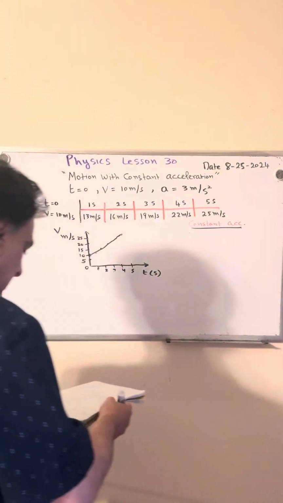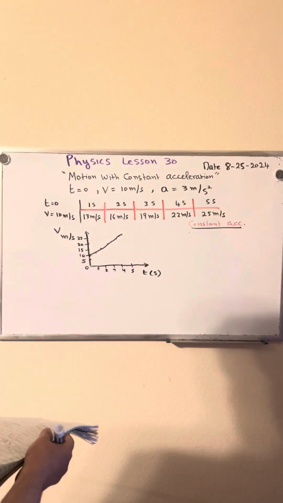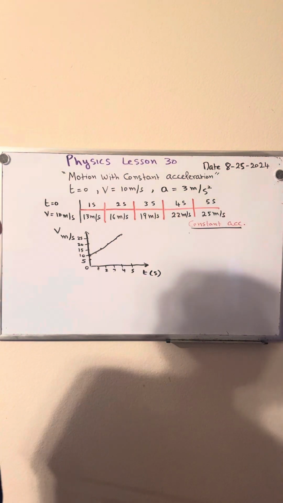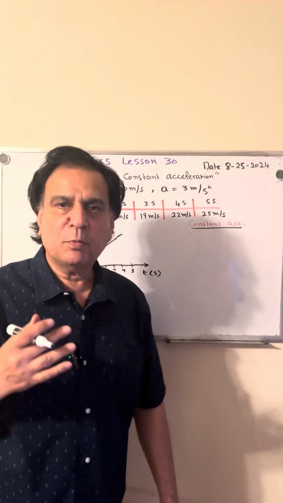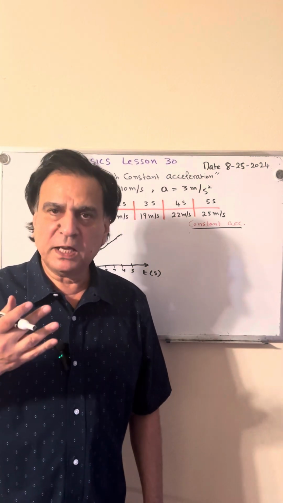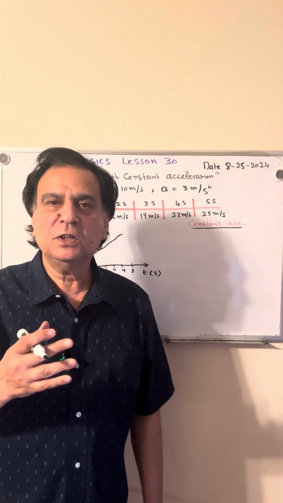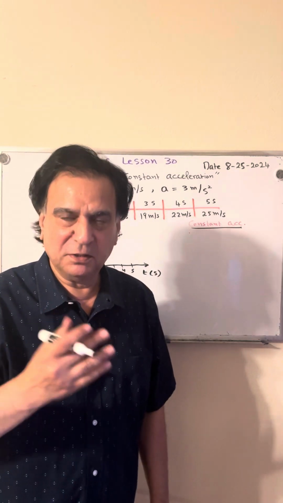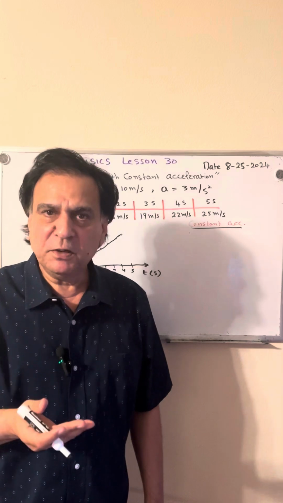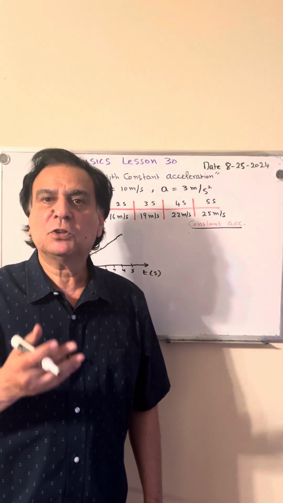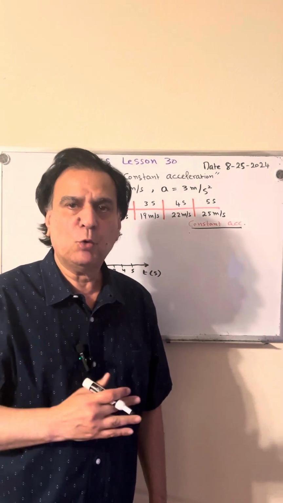Now let me ask you this. If you recall from my previous topics, and if you are a calculus student, you know the derivative of velocity is acceleration. And the derivative is just the slope of the line at any given point.